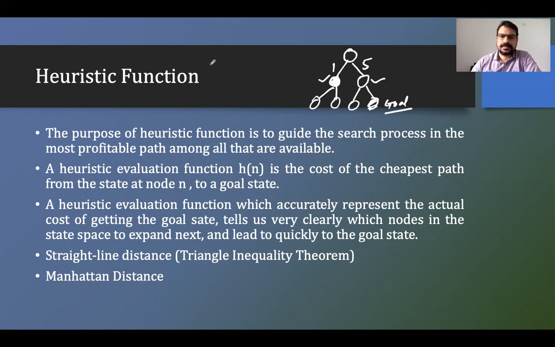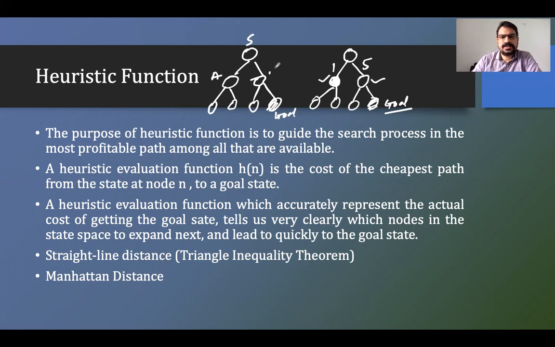Now h(n). If we talk about the same diagram, let's say we want to go to the goal state. Let's say this is node S, which is the starting state.